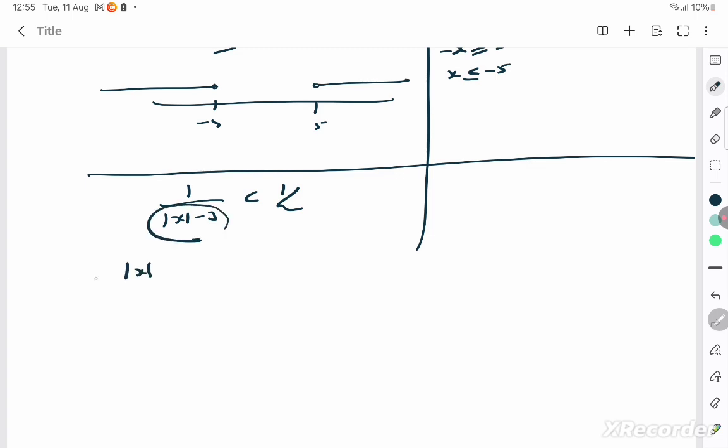So the denominator compulsorily for negative answers has got to be negative, correct? Mod x minus 3 should be lesser than 0, not equal to 0 because the denominator cannot be 0. So mod x has to be lesser than 3. So in this case, less than 3 means x is less than 3 or greater than minus 3.